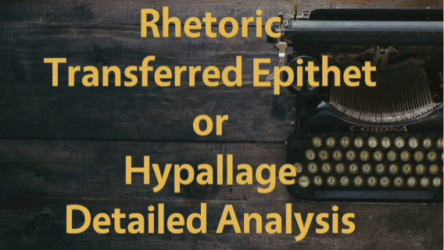In most of the cases, what we find is that this epithet is shifted from the real or the proper subject to an inanimate object, or an abstract idea. Clear? যার সাথে তার অ্যাকচুয়াল কোনো লিঙ্ক থাকলেও কিন্তু সেটা অ্যাকচুয়ালি ওখানটা বিলং করে না. If I give you an example, you will clearly understand.